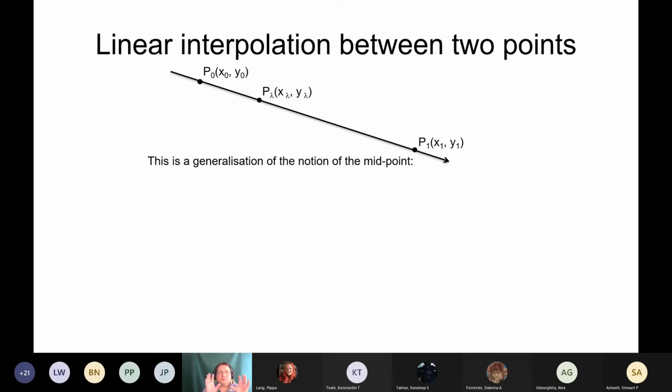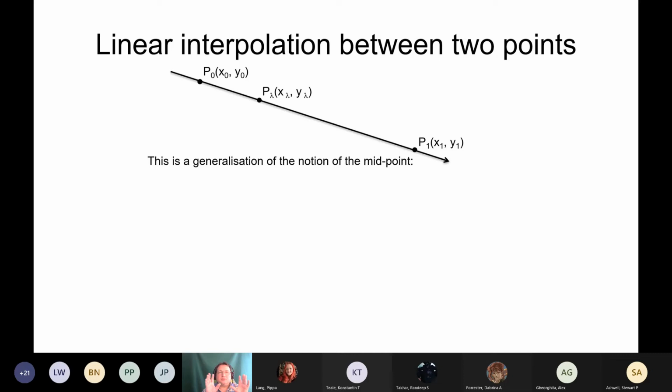Having the midpoint, we can attempt to find a more general model for in-between points at different positions between the points P0 and P1. This problem is known in mathematics as linear interpolation between the 2 points. Basically, we have a parameter here, with the Greek letter name lambda, which describes the position of a point between the 2 ends.